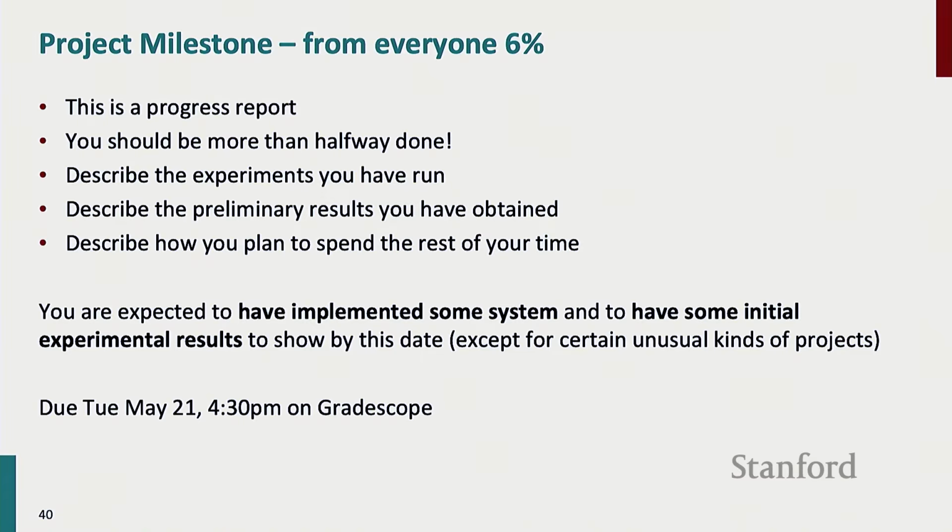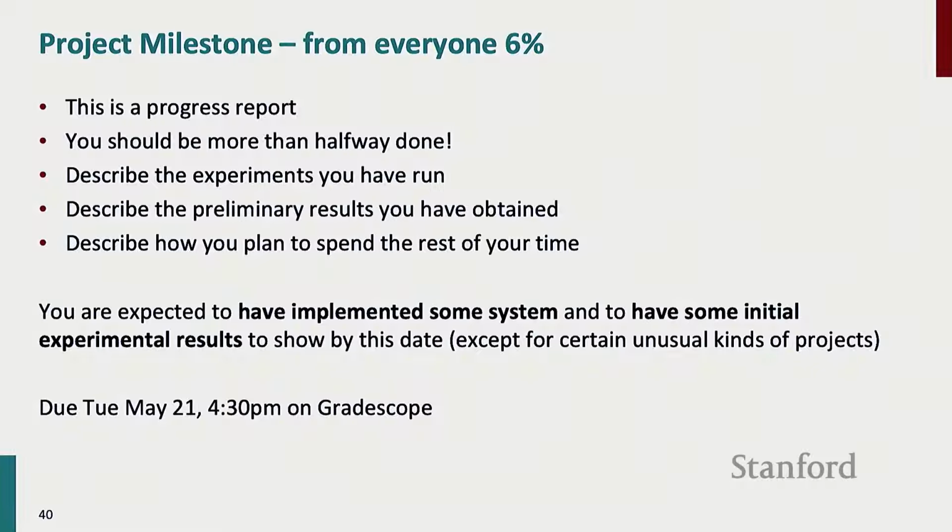After the project proposal, we also have a project milestone stuck in the middle to make sure everybody is making some progress. This is just to help make sure people do get through things and keep working on it, so we'll have good final projects.